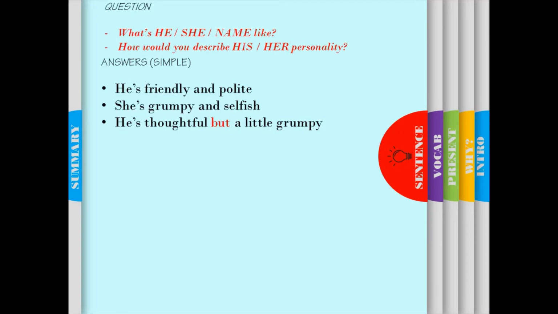How would you describe her personality? She's quite serious and very intelligent. Again, we're using 2 details, 2 adjectives, both from the positive category. And with this example, we're using 2 adverbs as well. So that's a great example. Let's look at the next example.